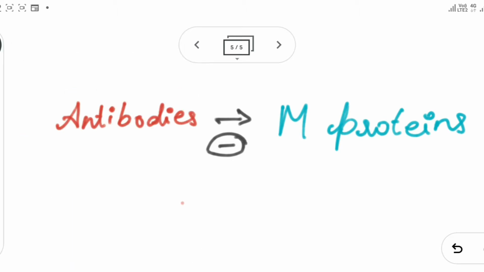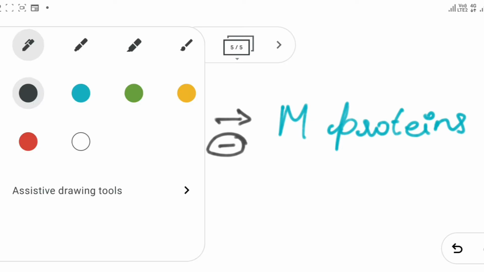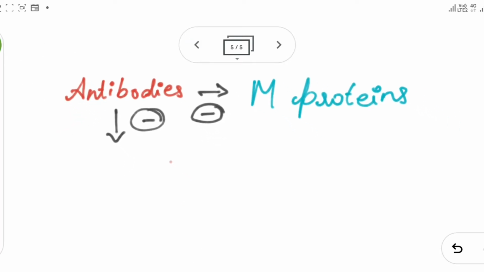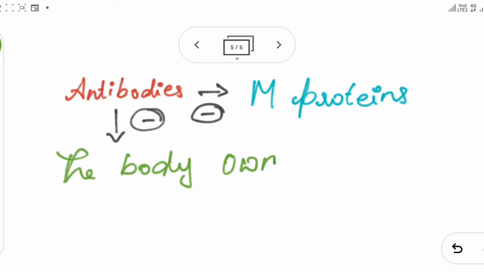These antibodies tend to act against the body's own cells.